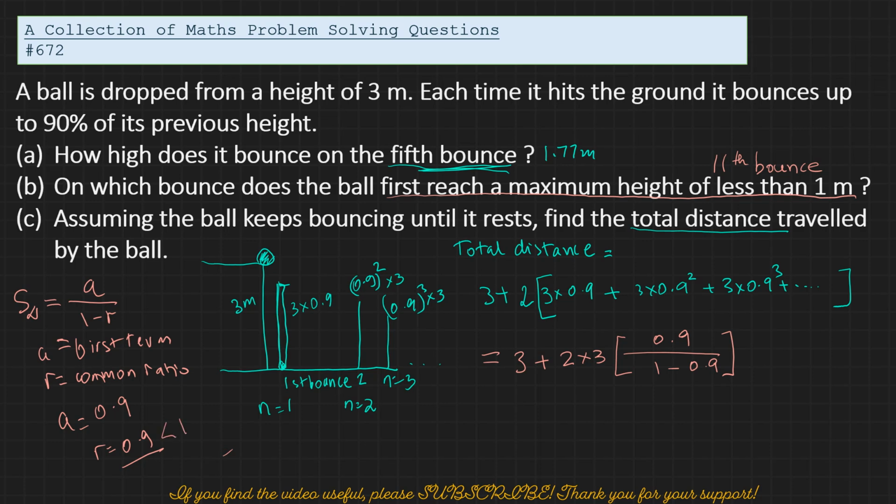So that would be 3 plus 2 times 3 is 6 multiplied by 0.9 divided by 0.1. That is 3 plus 6 times 9, that is 54. So I get 57 meters. So the total distance traveled by the ball would be equal to 57 meters.